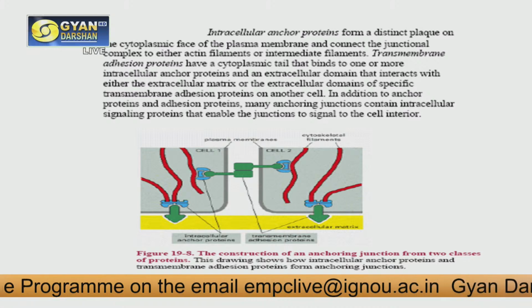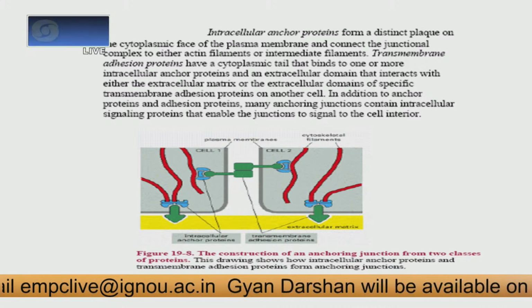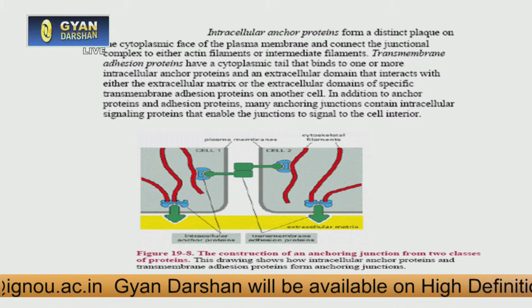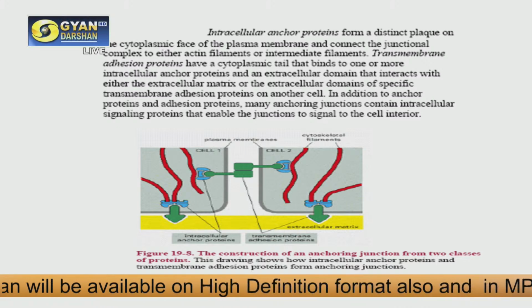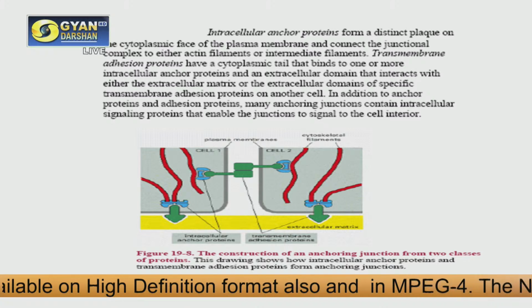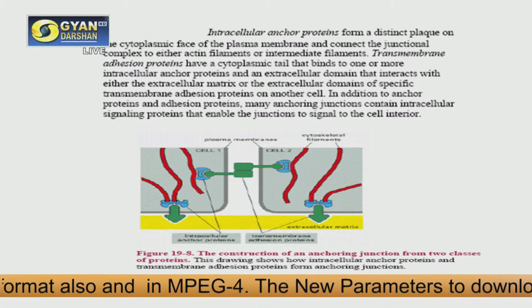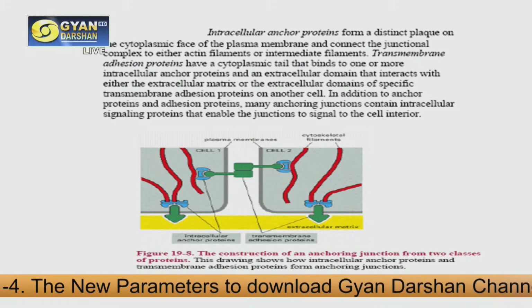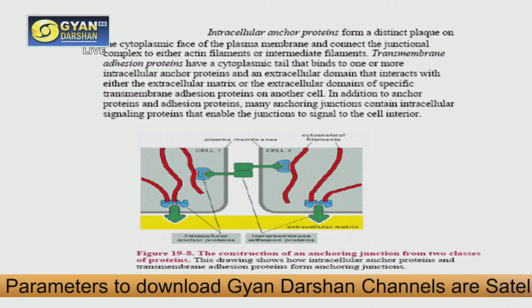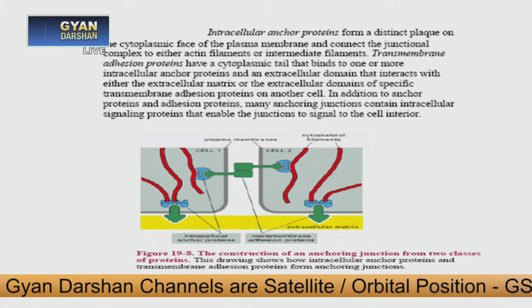Now the tail portion is attached with the actin filaments, which are marked in red color. The tail portion is connected with the red colored actin filaments through some other proteins which are marked in blue.